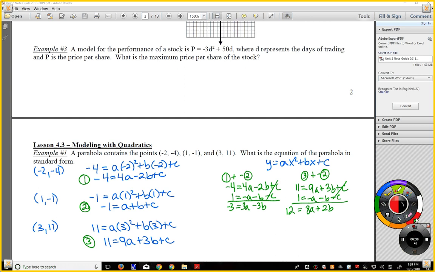Okay, I'm just going to continue doing elimination with these two to eliminate another variable. So if it's okay with you guys, I'm going to get rid of the b's by multiplying this equation by 2 and the other by 3. So I'm going to multiply this equation by 2, and I'm going to multiply this other equation by 3 because that's helping create this positive and negative 6b.